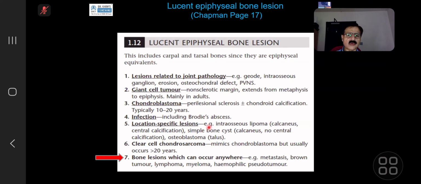This is how: I can consider intraosseous lipoma, however it will not cause this expansile trabeculated appearance, and usually there will be calcification. I can consider a simple bone cyst, however this is not a simple bone cyst, it's more expansile with a trabecular pattern.